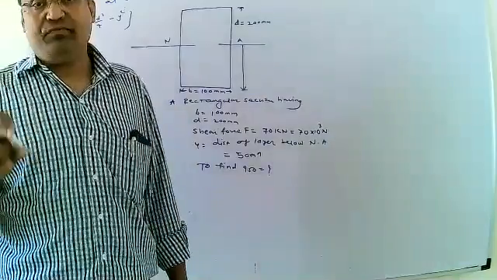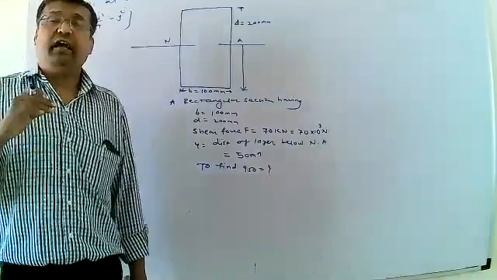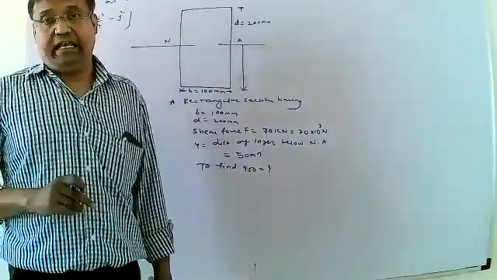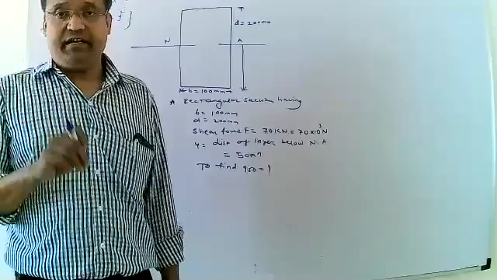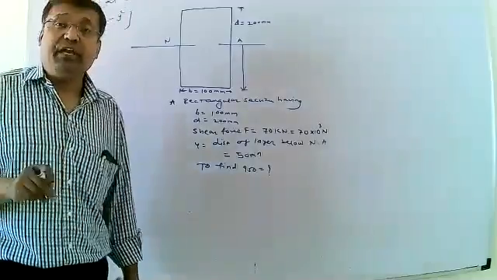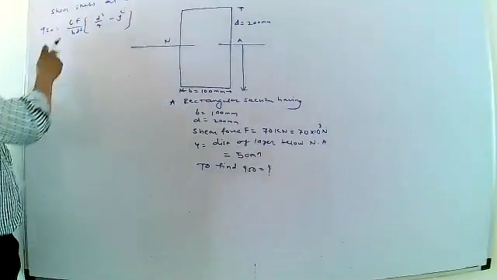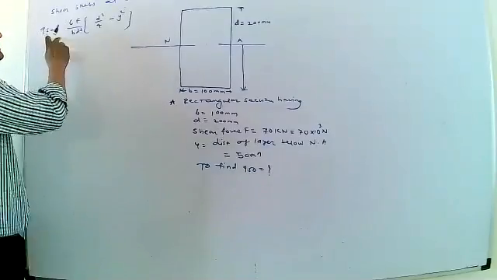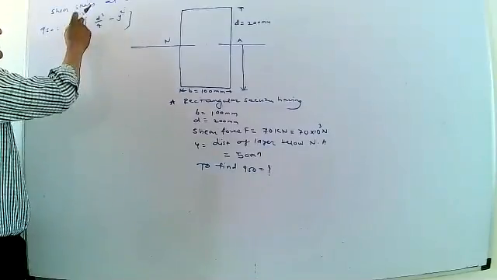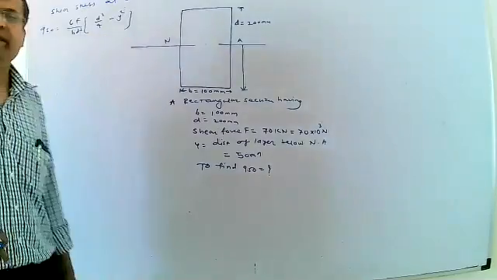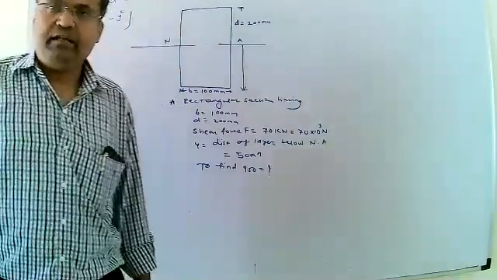If you want to find the shear stress at a particular distance from the neutral axis or neutral layer, we can use only this formula: Q at distance y equals 6F upon b d cubed times (d squared upon 4 minus y squared).